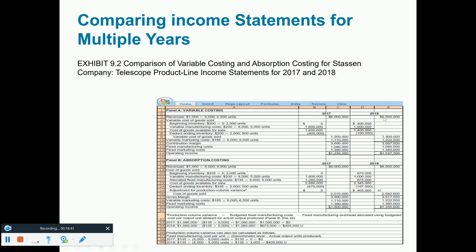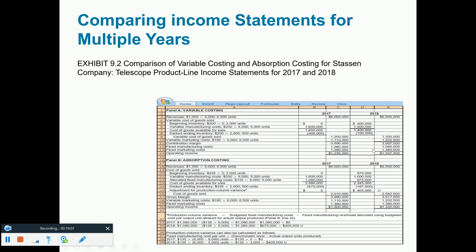If we take our sales of 6.5 million, subtract out our two variable costs, variable manufacturing costs and variable non-manufacturing costs, you get contribution margin. And from your contribution margin, we will subtract out our fixed manufacturing costs and our fixed non-manufacturing costs. You can see they are exactly the same as the prior year.